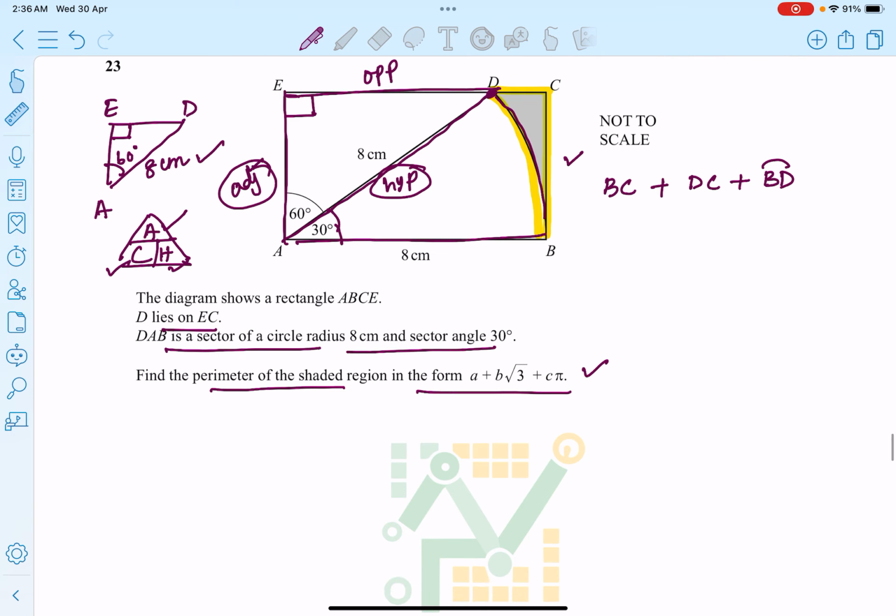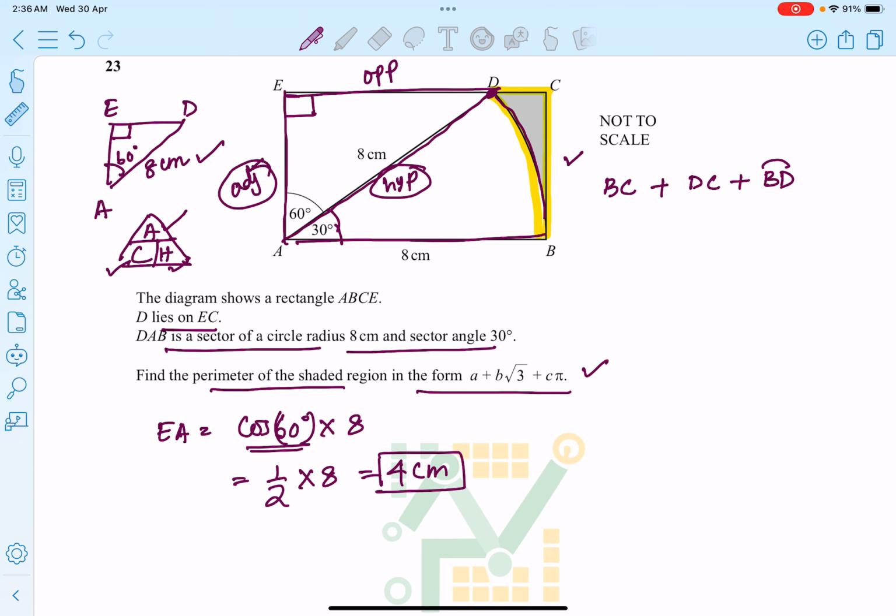I can write down here, EA equals cos of angle 60 times hypotenuse, we have 8. One thing we have to understand is that for a non-calculator test, you have to remember some angles. Cos 60 is 1 over 2. 1 over 2 times 8 equals 4 centimeter.